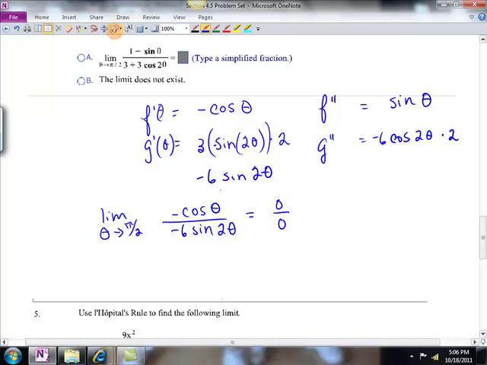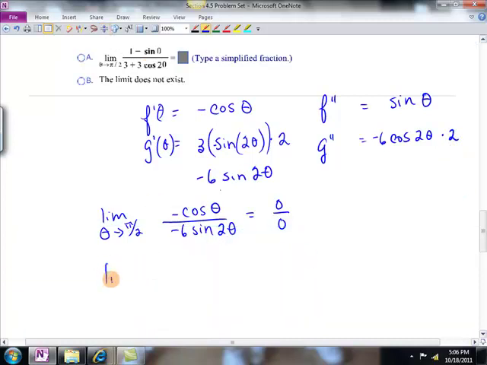So let's try it with the rule. Limit as theta approaches pi over 2 of sine theta over negative 12 cosine 2 theta.